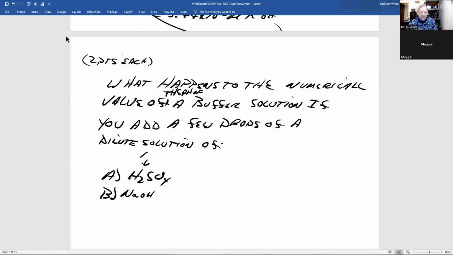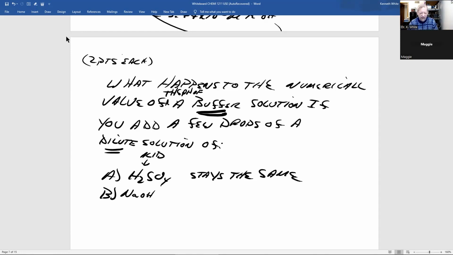And you should know that's an acid, but it's a buffer solution. And we're adding a small amount, dilute solution of H2SO4. By definition, you add a small amount of acid or base, it stays the same. Therefore, the numerical value of the pH stays the same, or you could put down does not change.